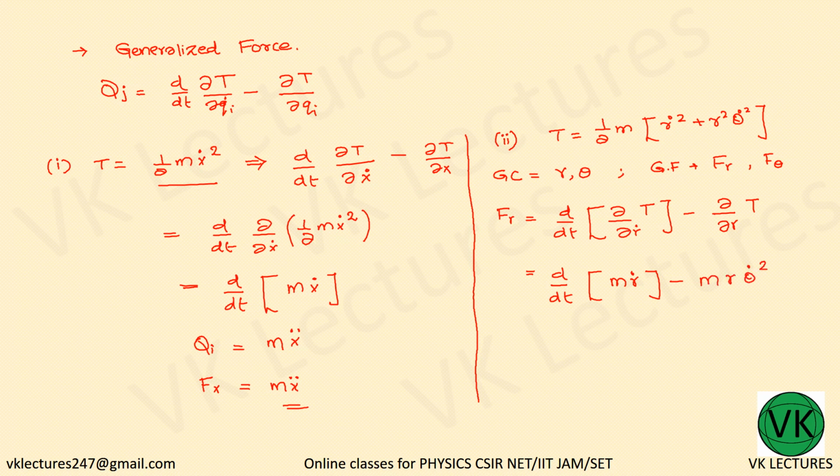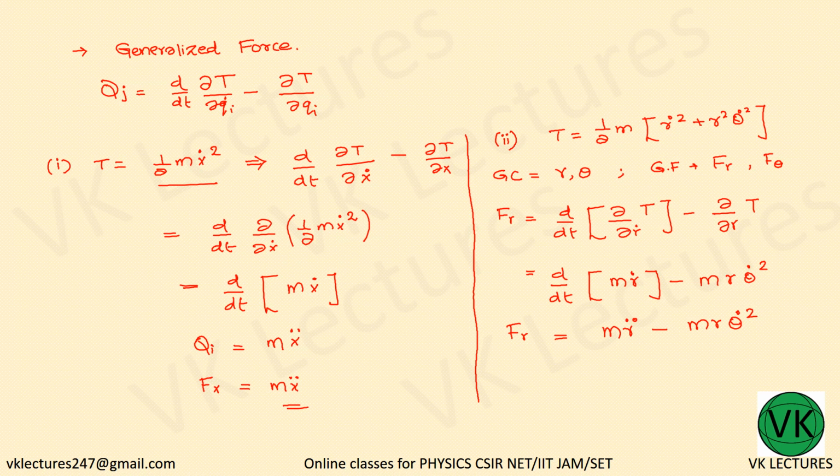So this becomes m r double dot minus m r theta dot squared. So this is Fr, that means the generalized force in the r direction.